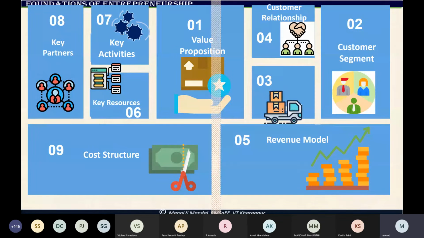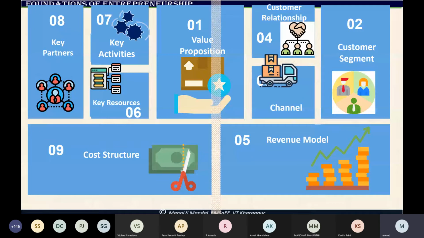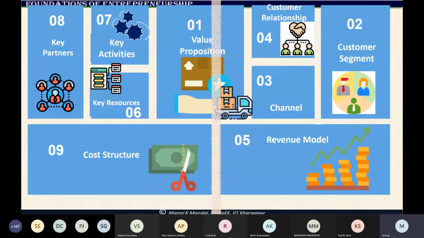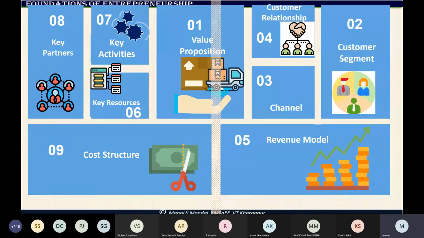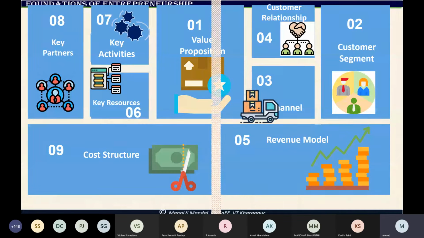At the far extreme, we have the customer segment for whom we are creating the value. Then block number 3 is the channel through which we create awareness that we have a wonderful value proposition. You should come and test it, or maybe avail it, and then be happy. In the process, we make money.